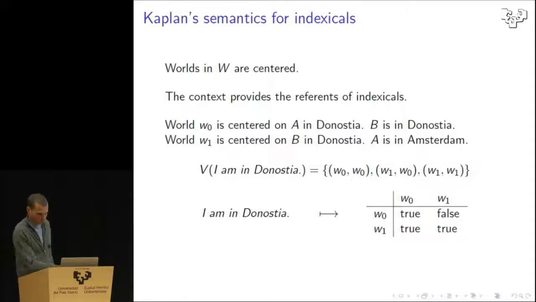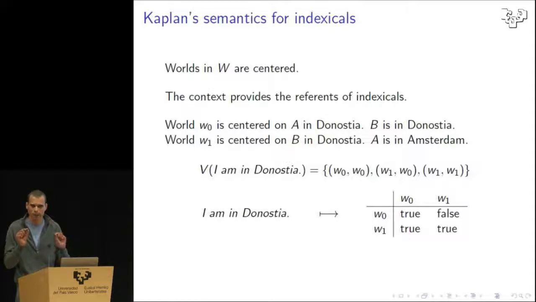Then if you look at the sentence "I am in Donostia", it would have the following two-dimensional intension associated to it. If this sentence is uttered in the context W0, so it's uttered by A, then what A says is true in the world W0, because there it's actually the case that A is in Donostia, but it is false in the context W0 relative to the world W1, because there A is in Amsterdam, even though at world W1 the person at the center of the world is also in Donostia.